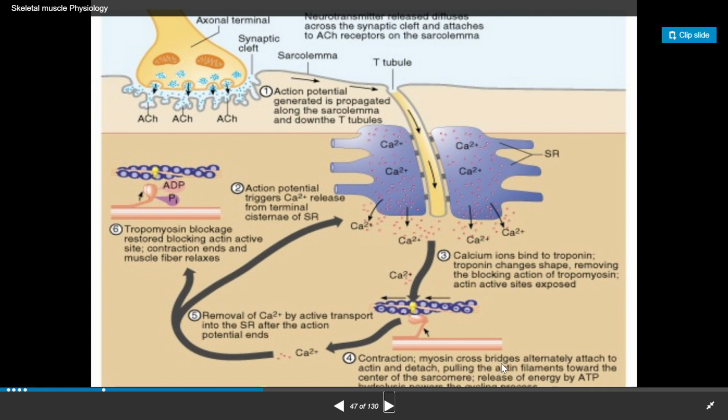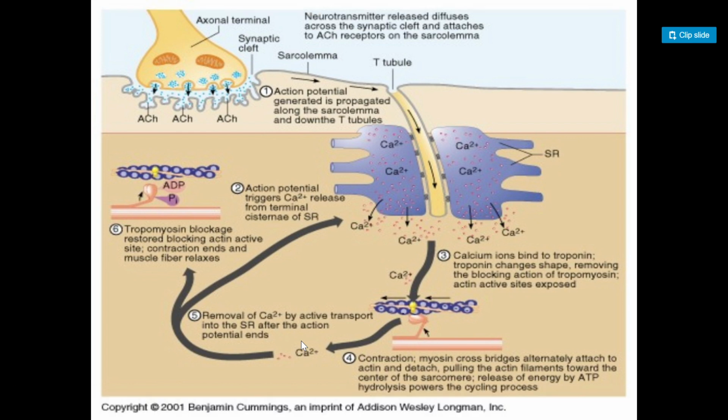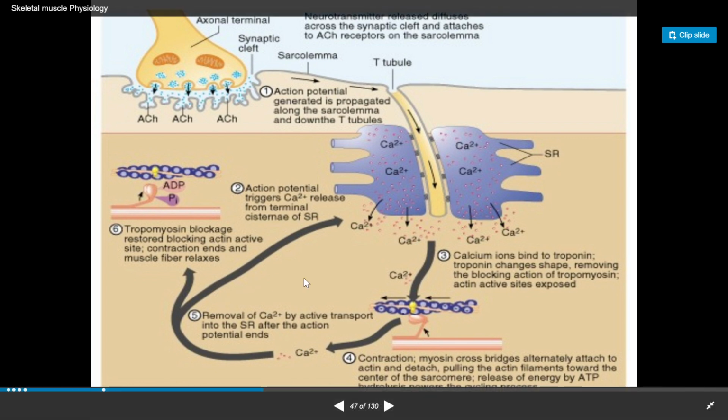Contraction: myosin cross bridges alternately attach to actin and detach, pulling the actin filaments towards the center of the sarcomere. Energy is released by ATP hydrolysis, powering the cycle. After the action potential ends, calcium is removed by active transport by the SERCA pump into the sarcoplasmic reticulum. Next, the tropomyosin blockage is restored, blocking actin active sites, contraction ends, and the muscle fibers relax.